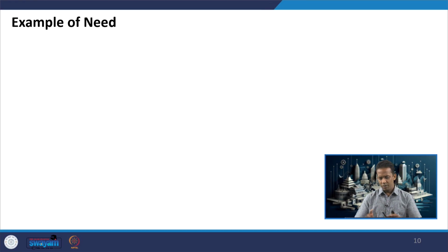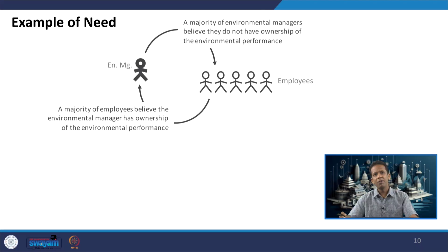We will go through one of the research papers which stresses why we need an environmental manager and why it is important to have a good, efficient one. This study is based on I think 7 or 8 companies, where more than 100 people, mainly employees, were interviewed and asked different questions.